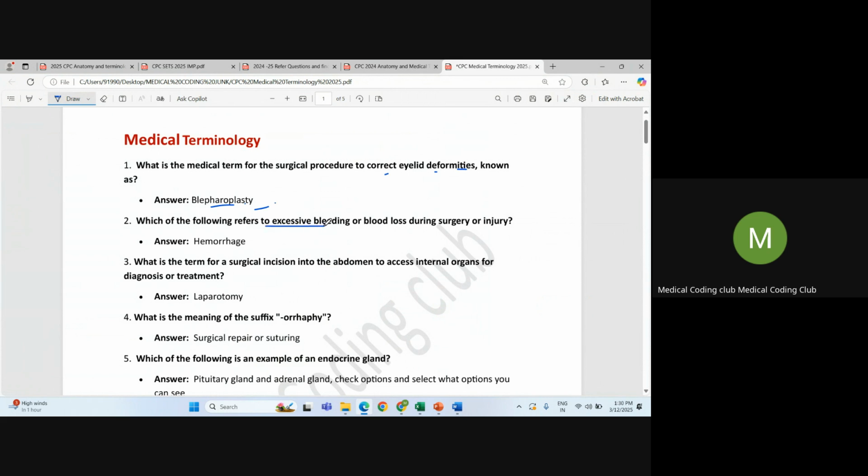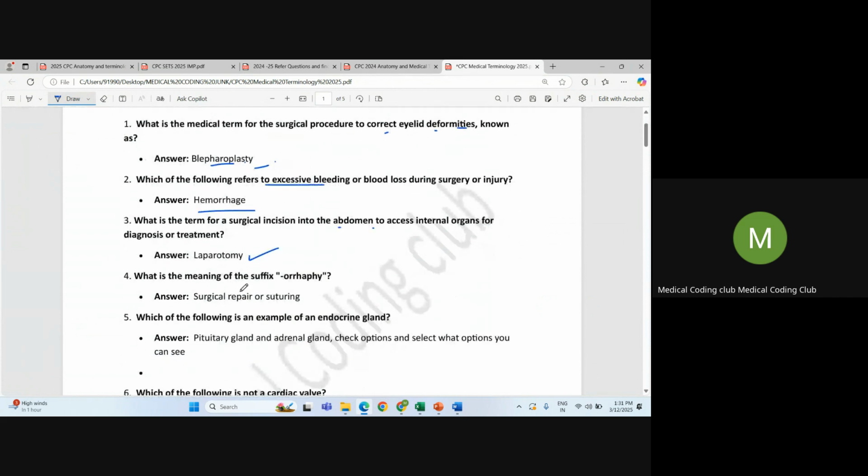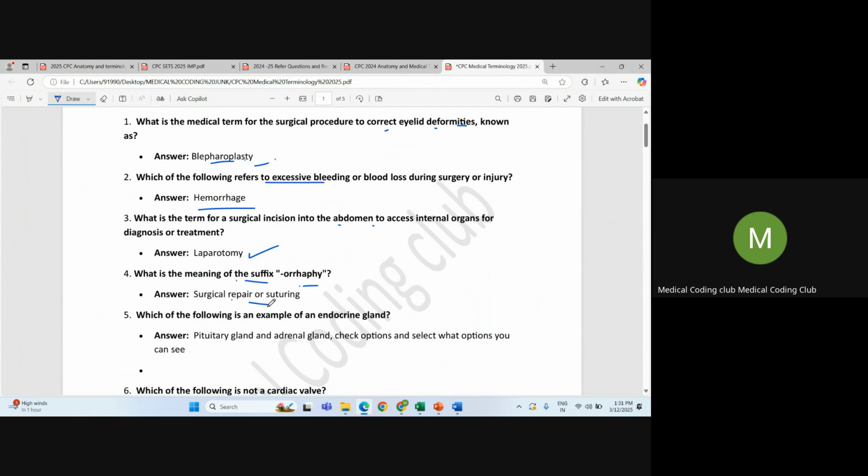Which of the following refers to excessive bleeding or blood loss? This is called hemorrhage. Which term is for surgical incision into the abdomen to access the internal organs for diagnosis and treatment? It is laparotomy. And what is the meaning of suffix orrhaphy? Orrhaphy means surgical repair or suturing.